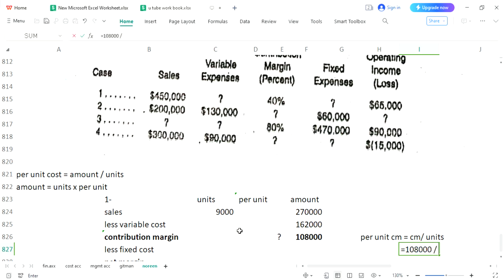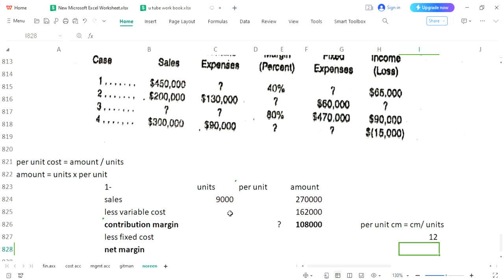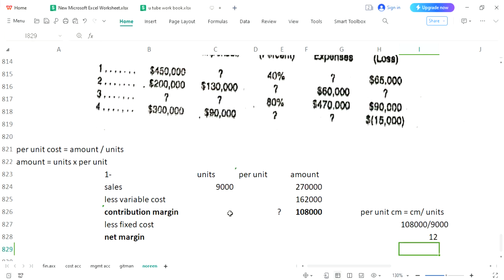Units are already mentioned, 9,000. So actually we should put the first statement and then divide, so that you can review it as well. 1,08,000 divided by 9,000. So you have got your answer, 12.